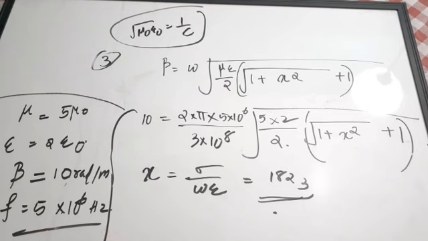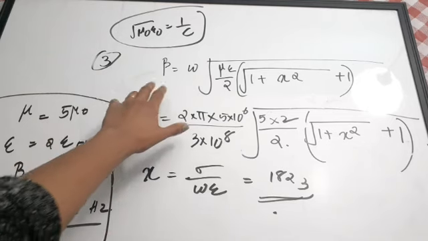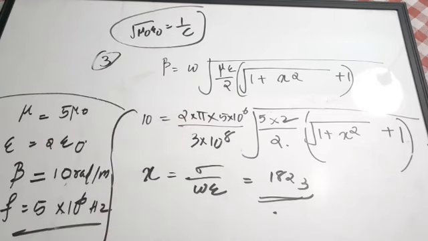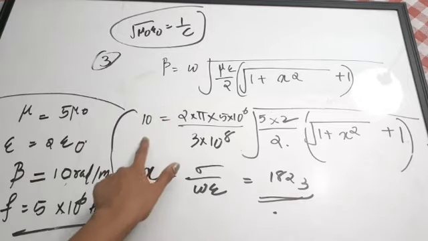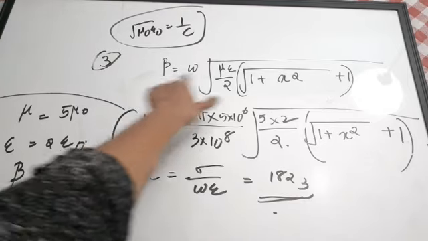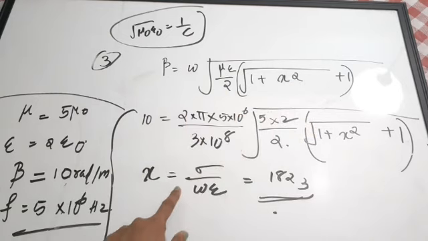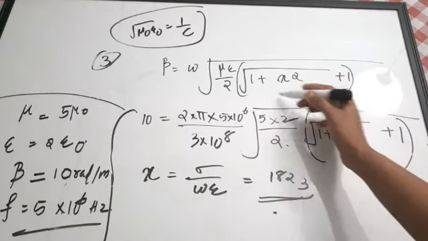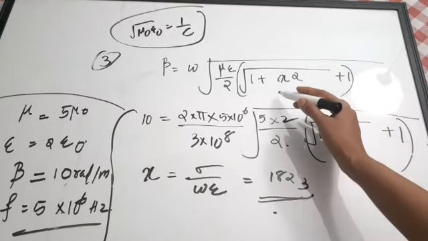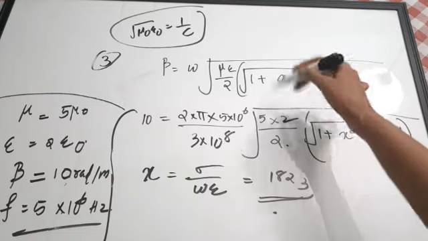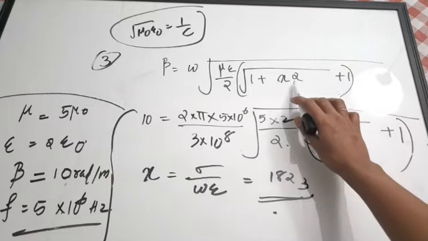So what we have done here is we have written the equation for the phase constant beta. The phase constant value is given as 10 radians per second. We have substituted sigma by omega epsilon as x here. This term was actually (sigma by omega epsilon) square, which we have taken as x, so we have replaced it with x square.